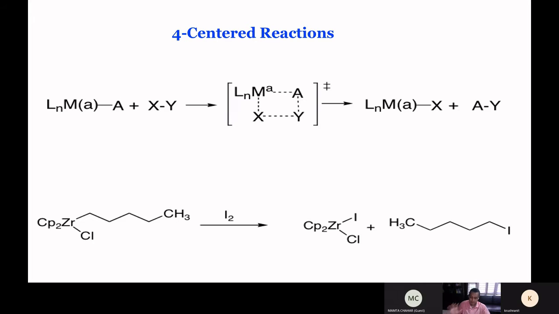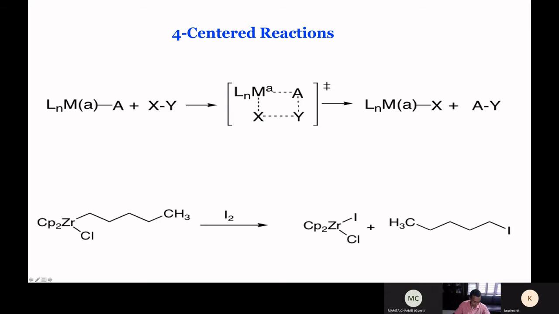Is it clear? Let me explain again. If you have a suitable metal, not zirconium, it would have oxidatively added onto the iodine. That means it would have inserted into the iodine bond. If that happens, let's say in the axial position, one iodide would have come. On this axial position, another iodide would have come.